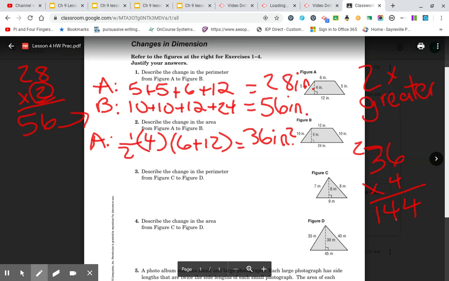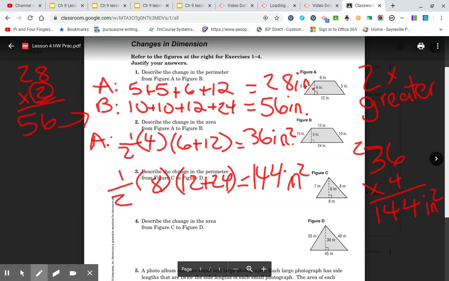Am I doing that right? Square inches. And if we actually did the math here, it would be 1/2 of 8 times 12 plus 24. And 12 plus 24 is 36 times 4, which is 144.